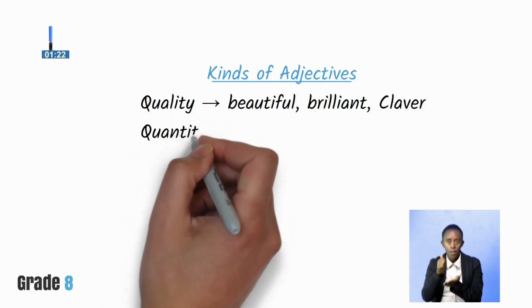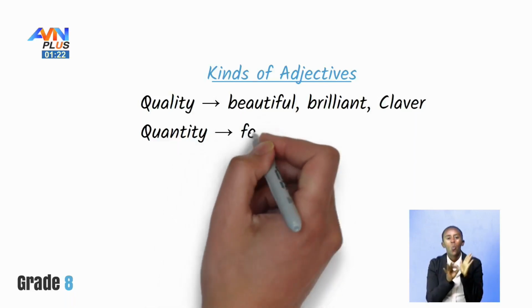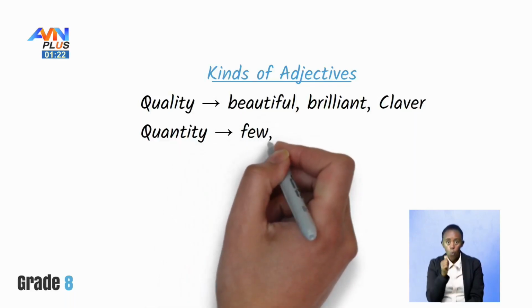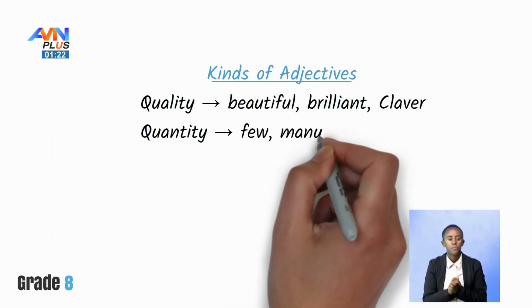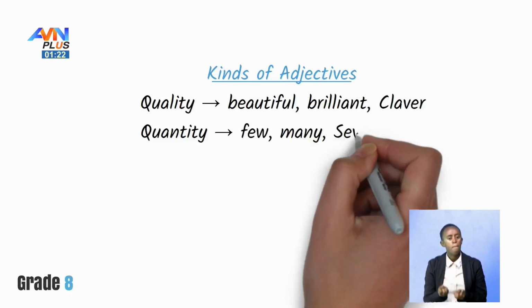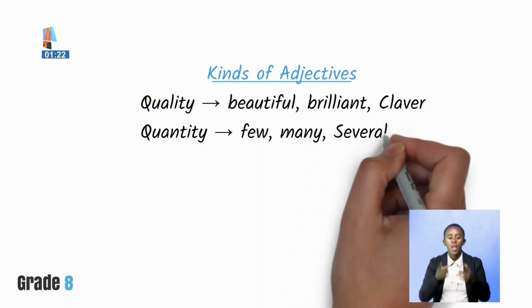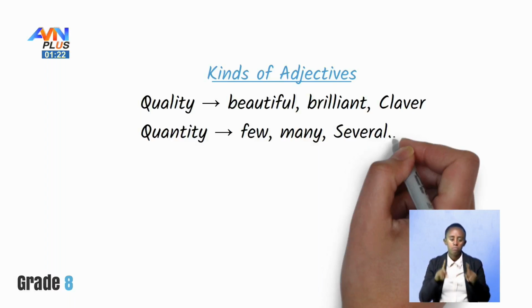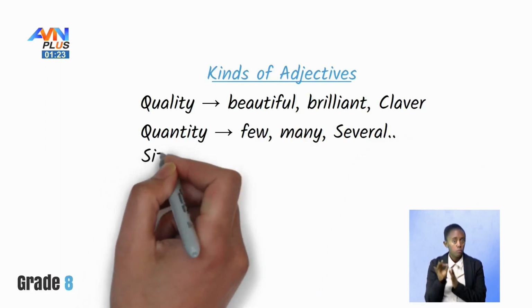The other one is quantity. Don't forget that, quantity. I would like to give you some sample examples: few, many, several, etc. These express quantity and are still adjectives.